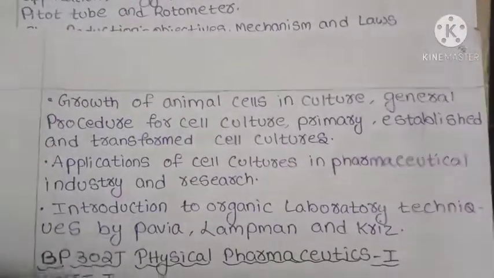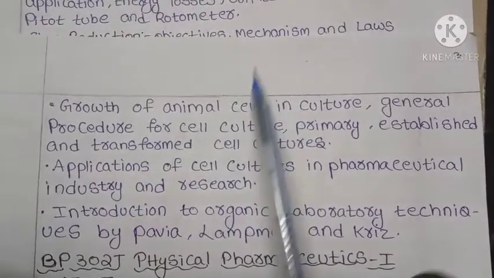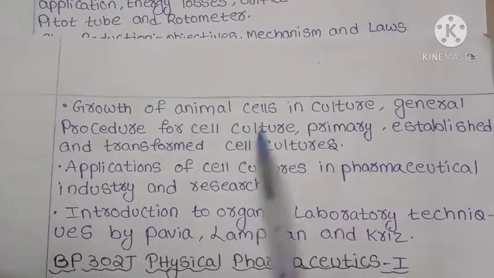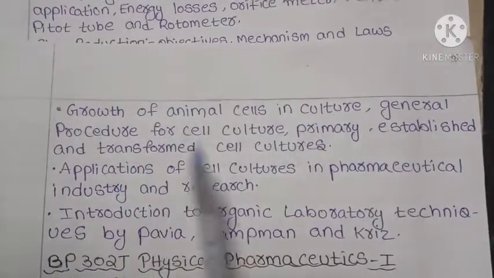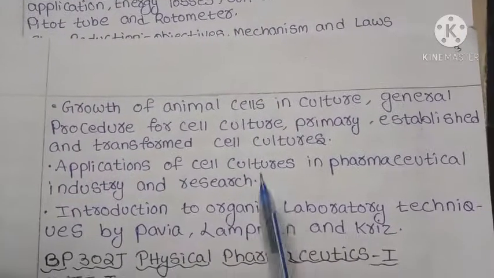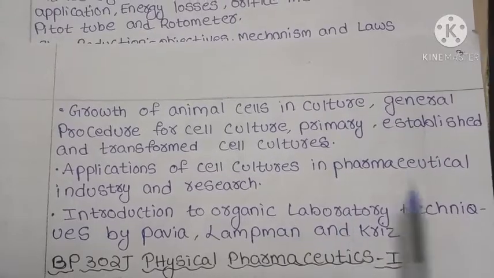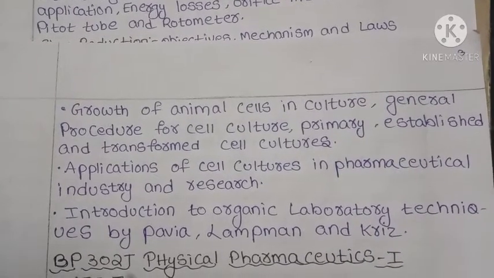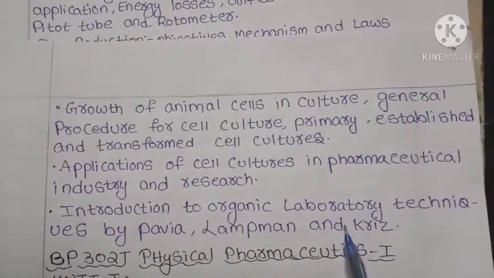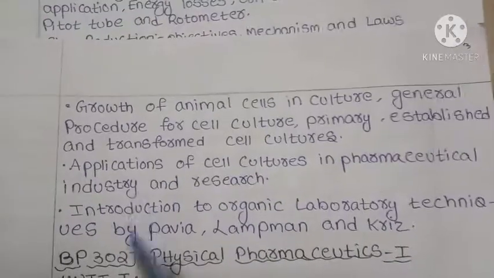And in the fifth unit, we need to learn the growth of animal cells in culture, general procedure for cell culture, primary, established and transformed cell cultures, and application of cell cultures in pharmaceutical industries and research. This is the overall microbiology syllabus.